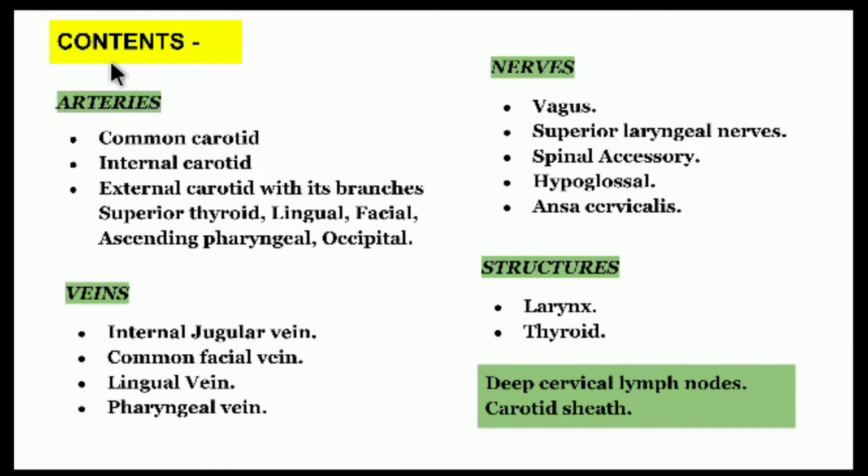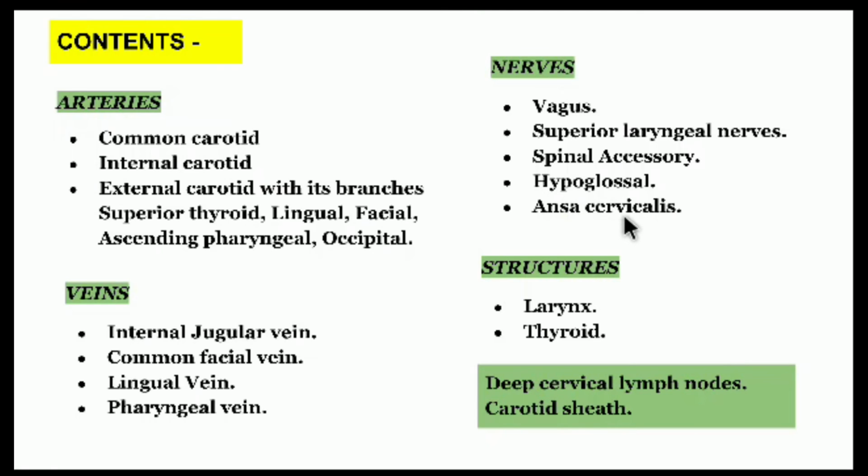We have divided the contents of the carotid triangle into subheadings. Arteries: common carotid artery, internal carotid with external carotid and its branches. Veins, the important veins are internal jugular vein, common facial vein, lingual vein and pharyngeal vein. Nerves: vagus nerve, superior laryngeal nerve, spinal accessory nerve, hypoglossal nerve and ansa cervicalis.